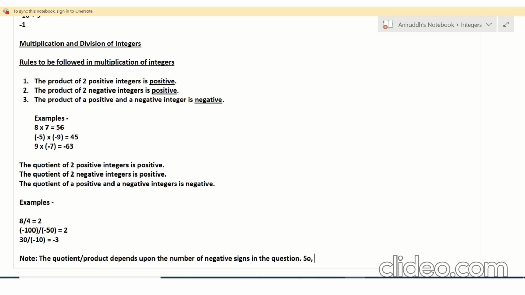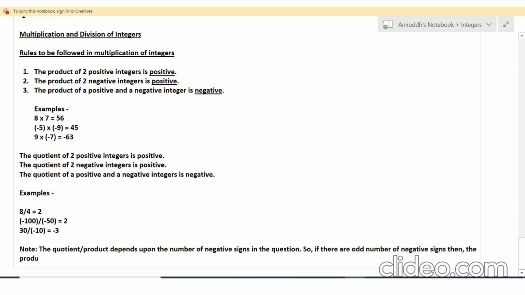So if there are an odd number of negative signs, then the product or quotient will always be negative.